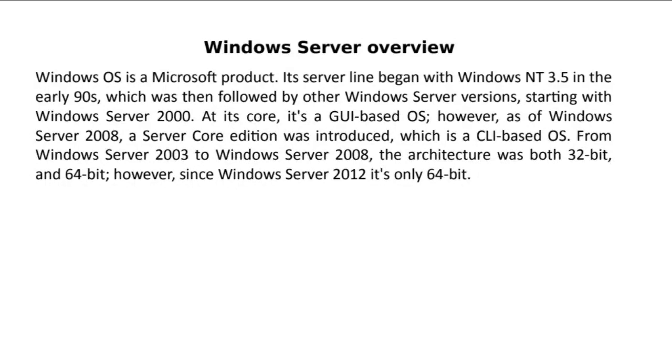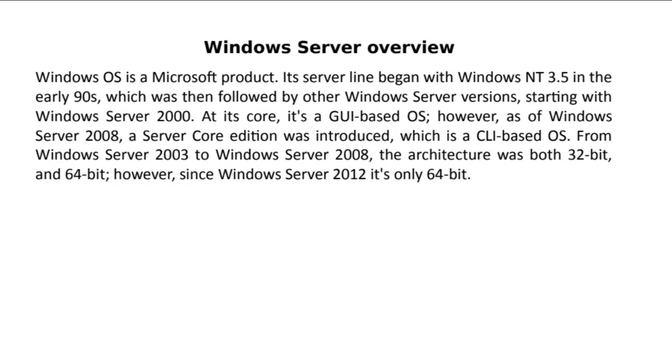And then we started to receive Windows Server 2008. In Windows Server 2008, we had the server core. Server core is non-GUI, but it's more secure. We'll talk about this. It is a CLI based OS. CLI meaning command line.